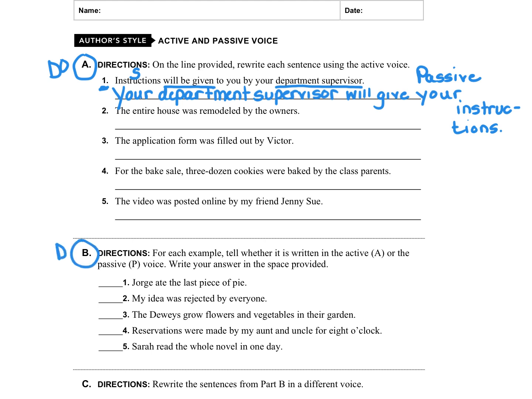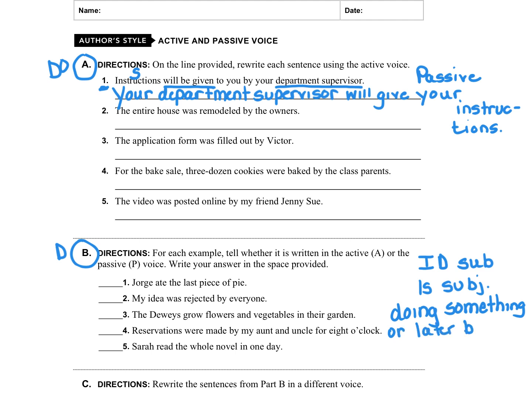Start by identifying whom or what the sentence is about. Identify the subject. And then ask yourself, is the subject doing something? If it is, that's going to give you your action verb and active voice. Or is the subject later being renamed or described, kind of, sort of.